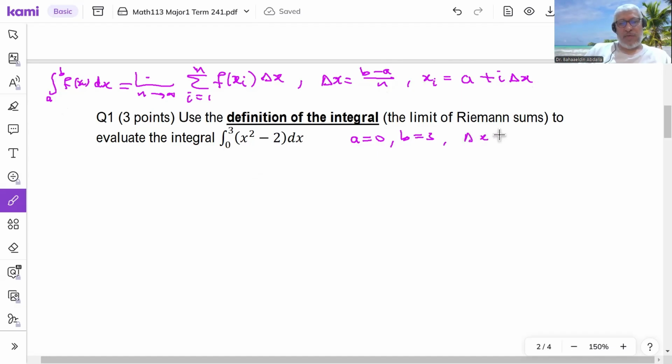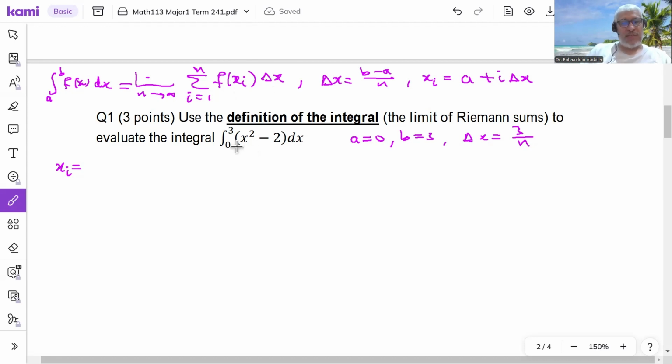So delta x would be (3 minus 0) over n. All you need to do to use the definition is to find delta x, then x_i, then f of x_i, then multiply f of x_i times delta x, then find the summation, then the limit.